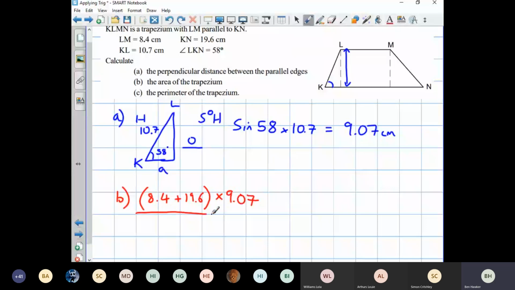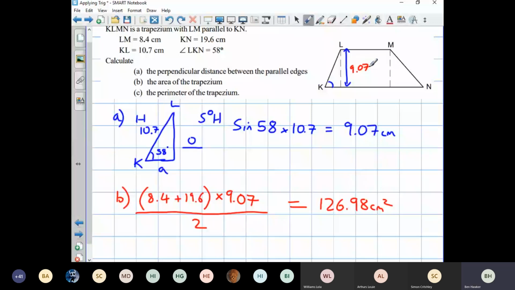Again, you might want to use some more accuracy there, and we've either multiplied all of that by half or divided by 2, whichever way you want to say it. And if we pop that into that formula, we get an answer of 126.98 centimeters squared. And that's going to be the area of our thing here. So I've worked out this is 9.07.